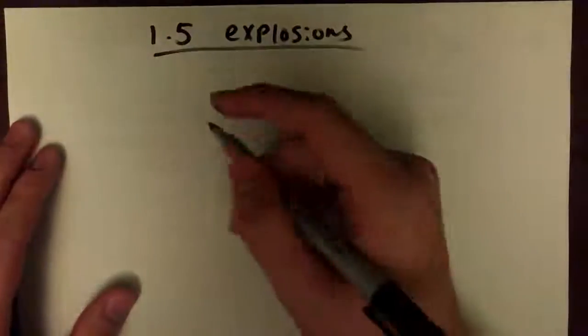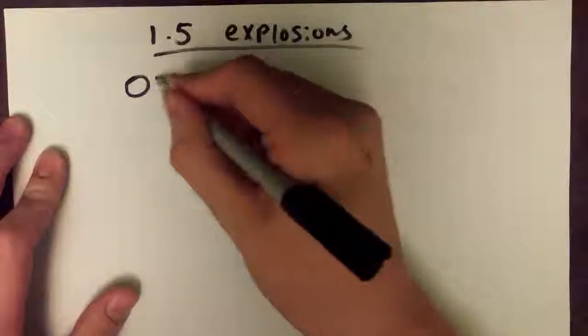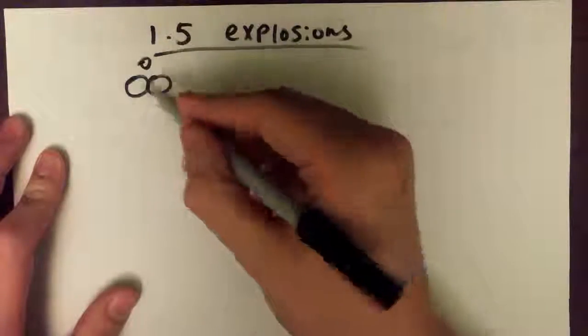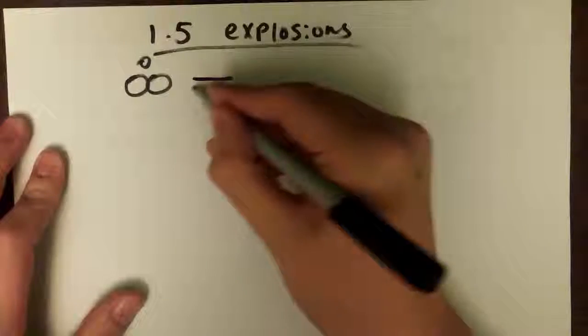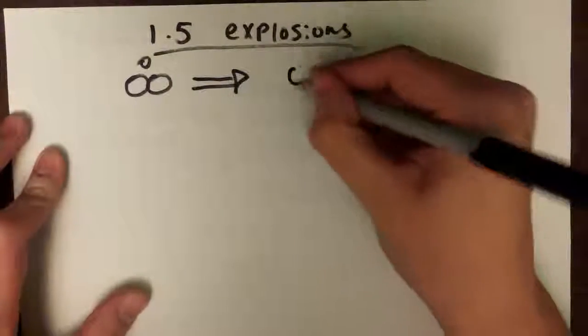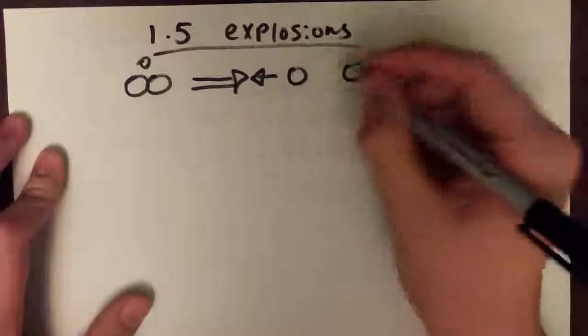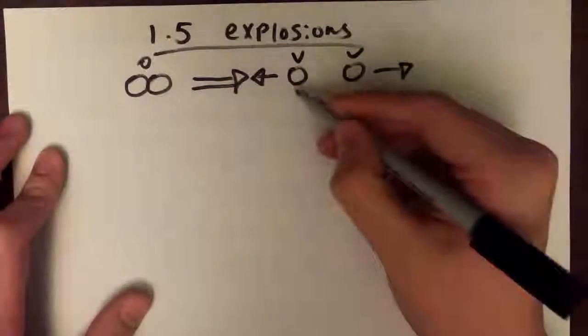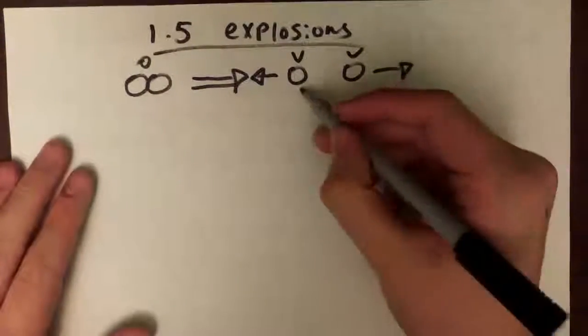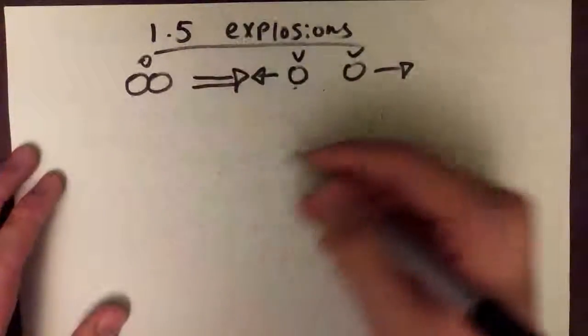The way I like to think of it is that we start with two objects at rest, 0, ending up as two objects flying apart with, obviously, velocities and masses.